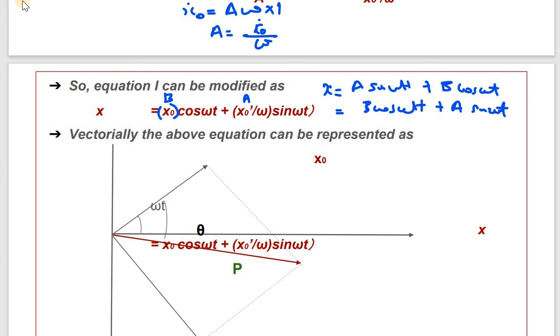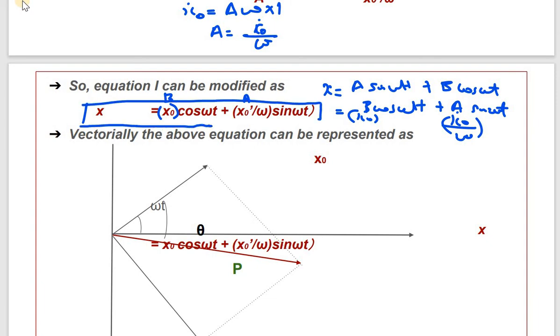So from this, b I have obtained as x0, and a as x dot 0 by omega. Okay, so this is the equation of motion, the solution of an undamped free vibration.